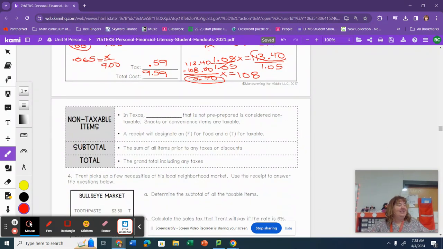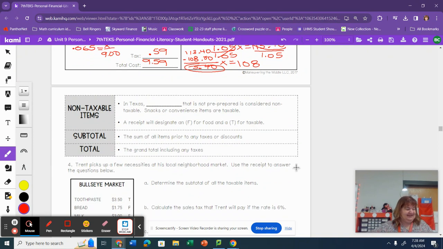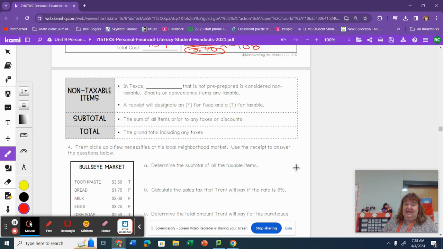Okay, let's go on. In Texas, food that is not prepared is considered non-taxable, but snacks or convenient items are taxable. Okay, so a receipt will designate F for food and T for taxable.